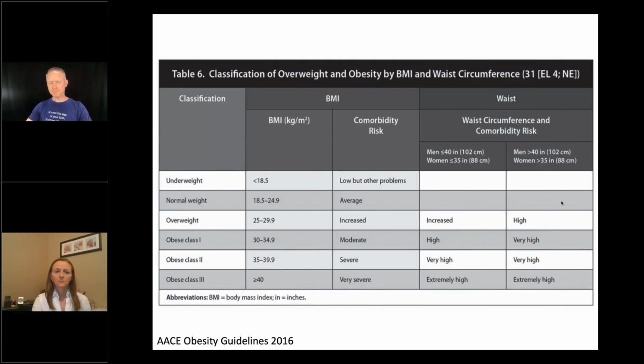I don't know, Dr. Bolin, if you have anything to add to this particular conversation or point. They also have staging, so you can classify them by the class, and you can also stage them.